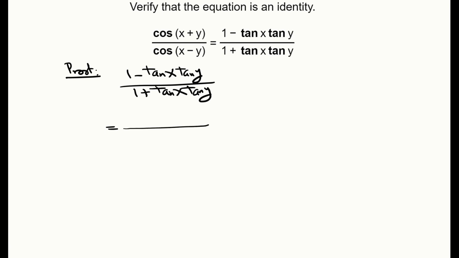So that's what we'll do next. We'll write the tangent of x as sine x over cosine x. And we'll do the same for tangent of y, sine y over cosine y.